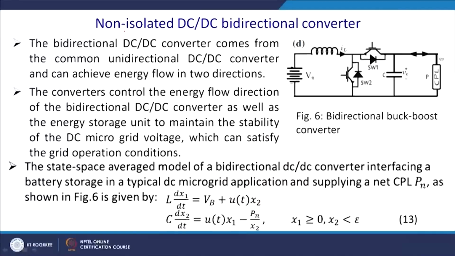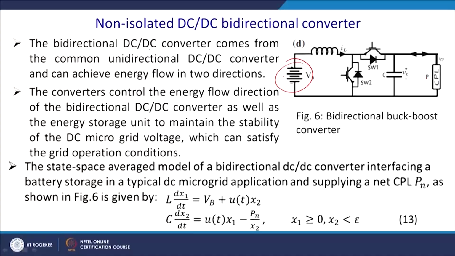Now let us talk about another DC to DC converter, which will be used in bidirectional operation. You can transmit power in either direction, from the battery to the load, and the load itself can regenerate and send the power back.